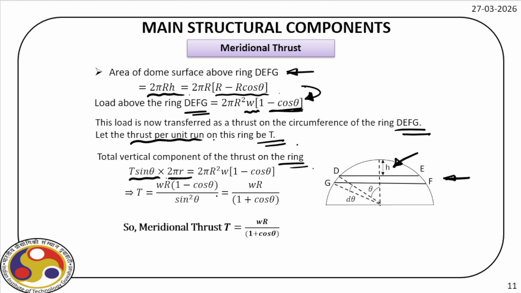And obviously we can further simplify this because we already know the expression of total load acting. Now from this expression we can evaluate capital T, which is w R divided by (1 plus cos theta). So what we get, meridional thrust, is this quantity.